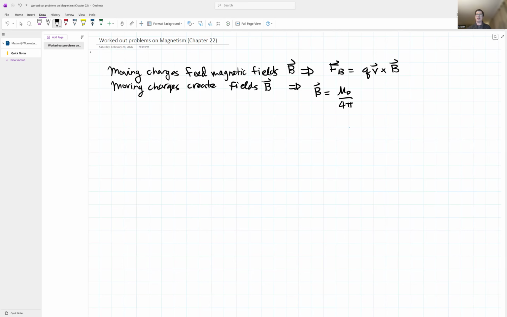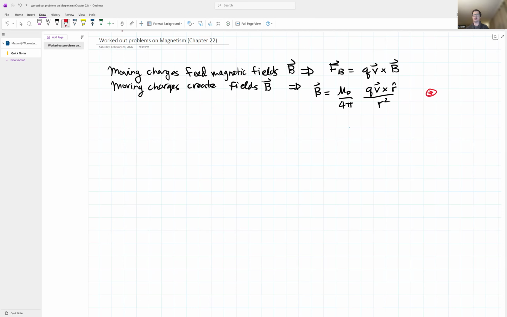And then it's similar to the electric field, but you need a moving charge, so you have QV, and then it's cross into the r hat vector. R hat is the direction in which you're looking. And then it's divided by r squared, which is the distance that you are away from the charge.